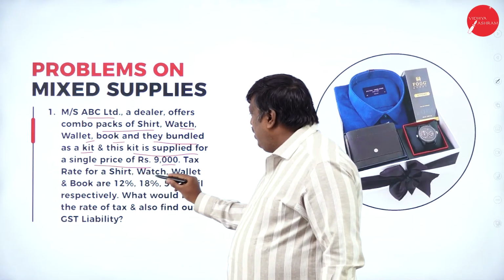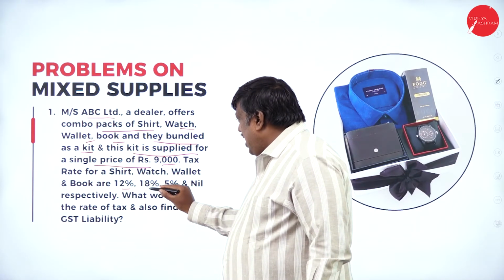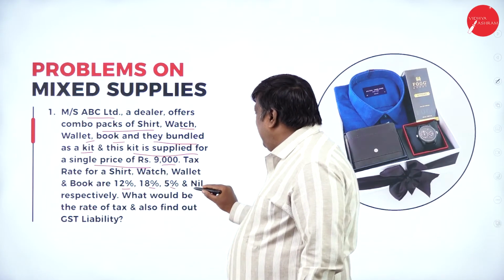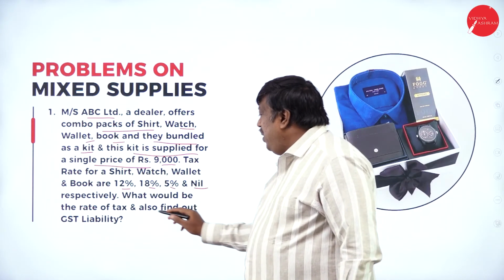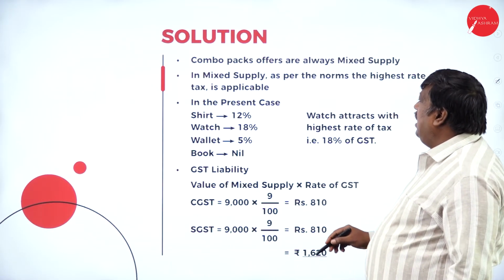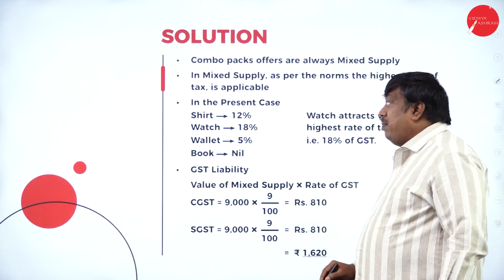The tax rates for shirt, watch, wallet and book are: 12% for shirt, 18% for watch, 5% for wallet, and 0% for books. What would be the rate of tax, and also find out the GST liability. In mixed supply, as per the norm, the highest rate of tax is applicable.